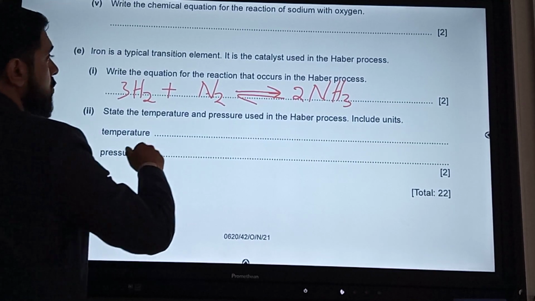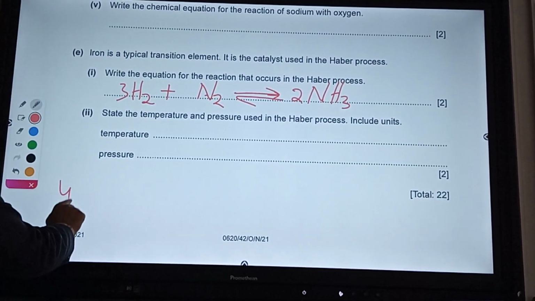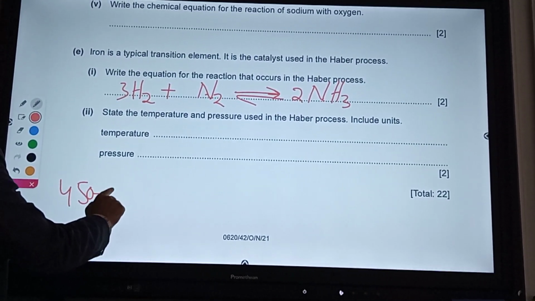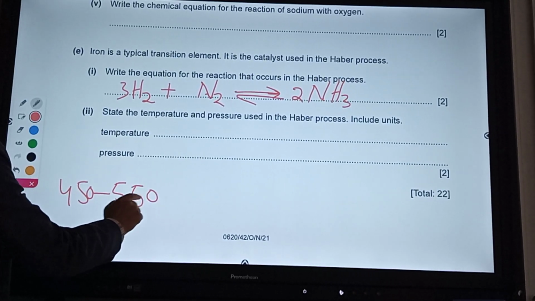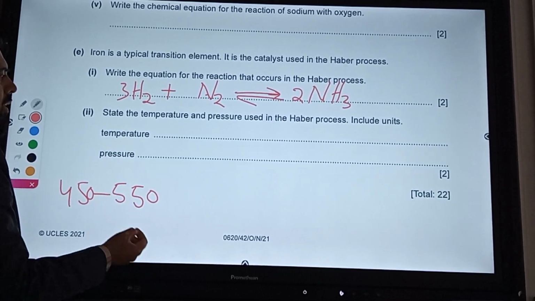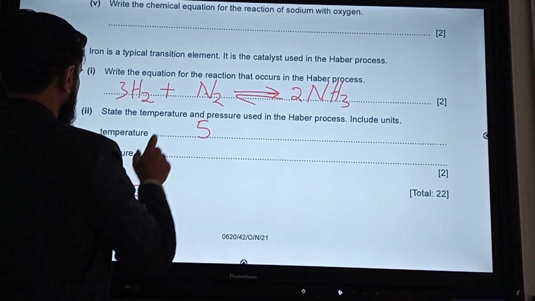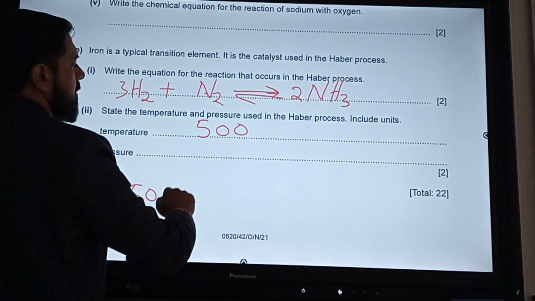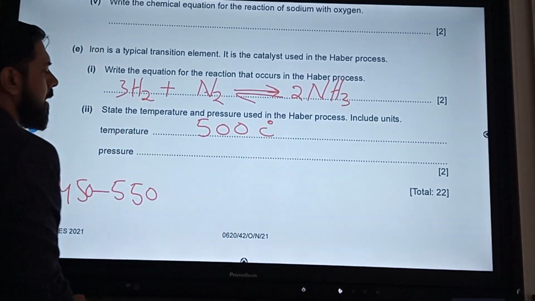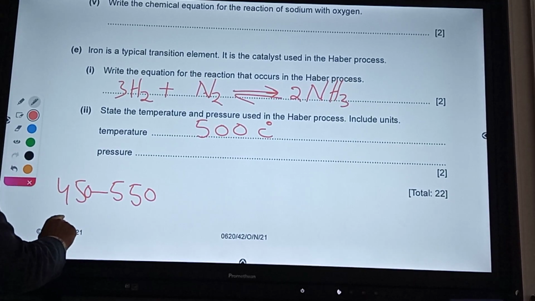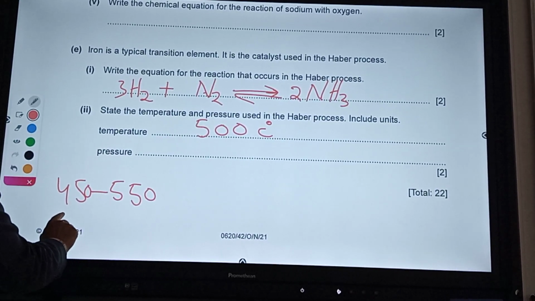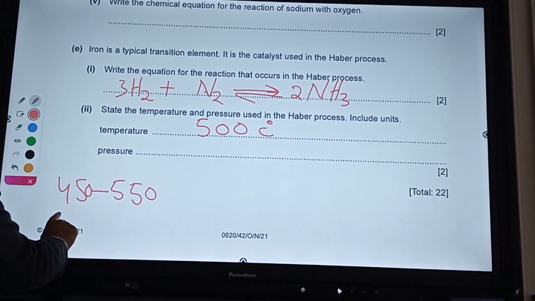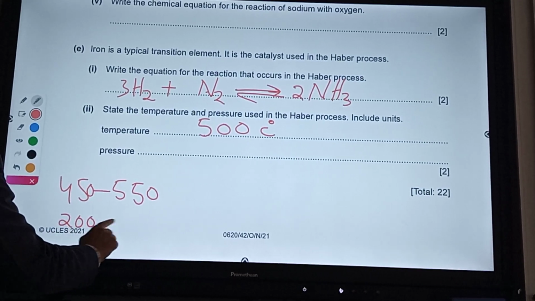Then he says state the temperature and pressure used in the Haber process. So temperature used was 450 till 550. But remember, we are not going to write the range, we have to write only one value. So in this way, I'm going to write the mean value, which is 500 degrees Celsius. Pressure, we learned that the pressure used is 200 till 300.